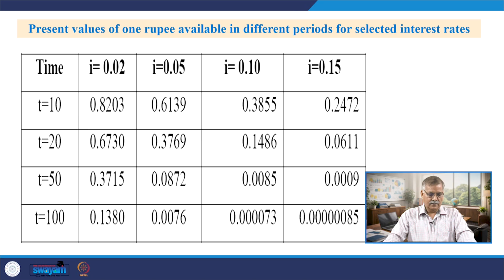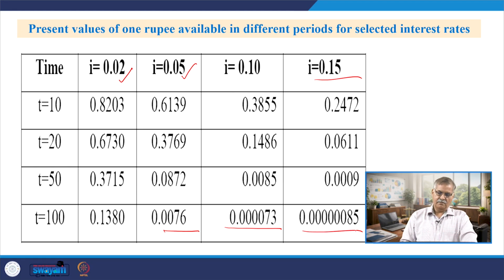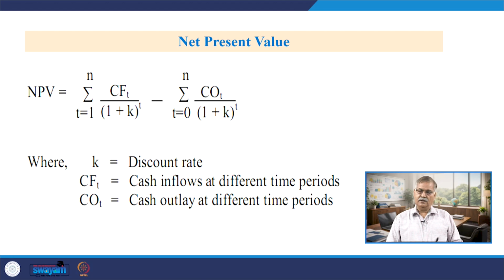For example, here 1 rupee at the 2% discount rate becomes 0.138 rupees after 100 years, and if the discount rate is increased, then it becomes 0.0076, and if a 10% discount rate is fixed, then it becomes 0.000073, and if 15% is kept as the discount rate, then 1 rupee of today becomes almost 0 in 100 years converted at the present value. So, the discount rate is very, very important.